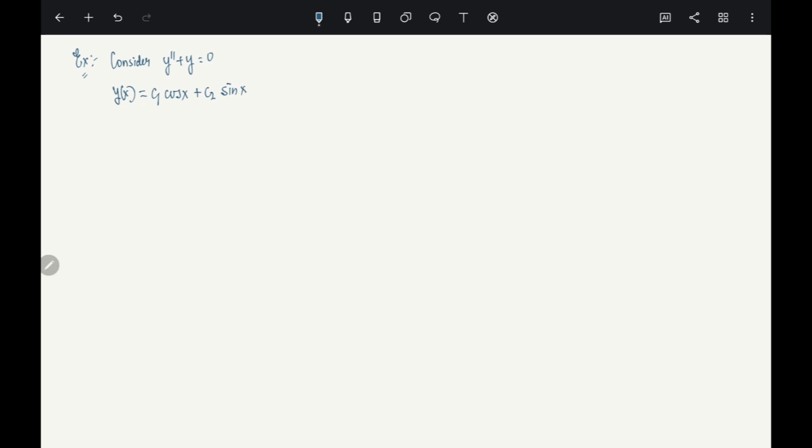These are the two linearly independent solutions for this problem, and they form a basis for the solution space. This solution doesn't have any last zero, and neither does this one, and the combination also has no last zero. So basically what you can say is this is an oscillatory equation.